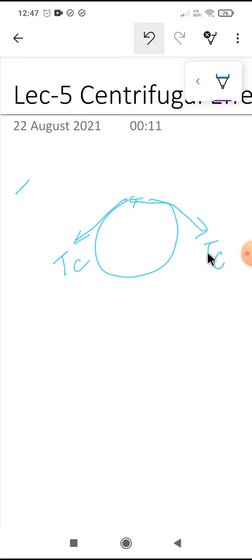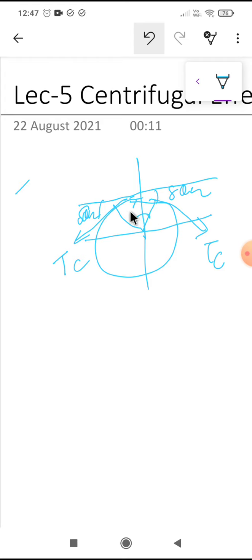So this was TC and it is creating, suppose, let me divide the circle, an angle of delta theta by 2 and delta theta by 2, and the point of contact is creating a total angle delta theta. So the centrifugal tension will be the same on both the sides.